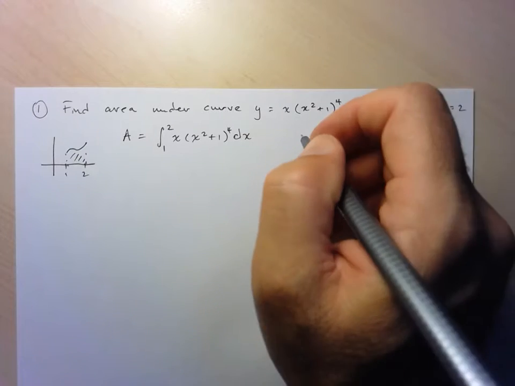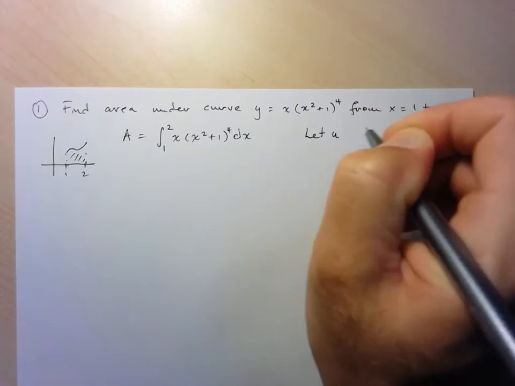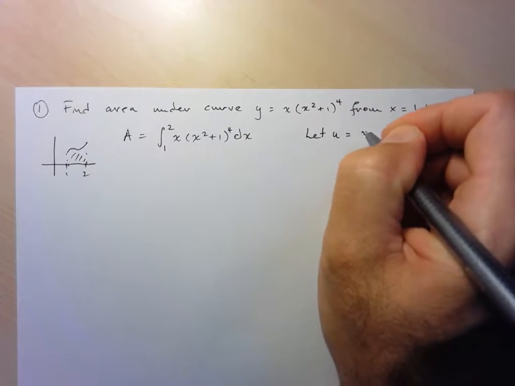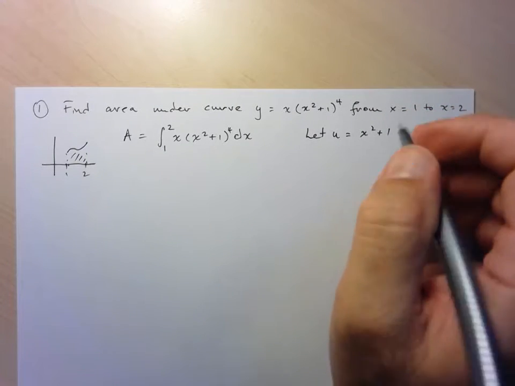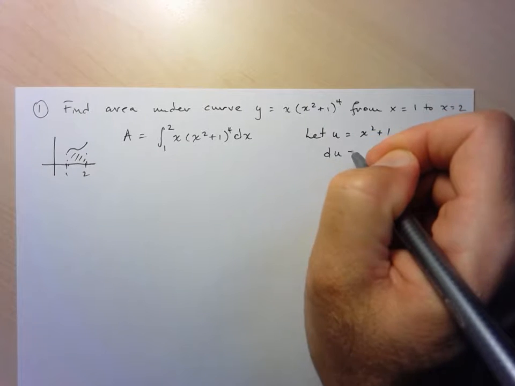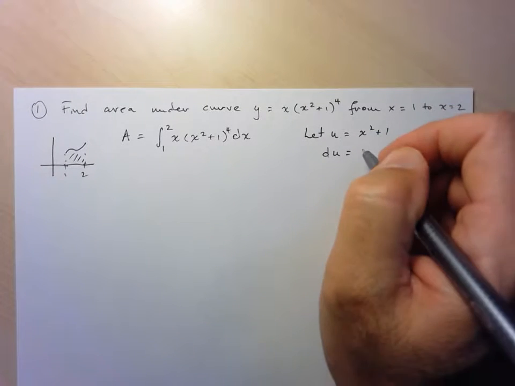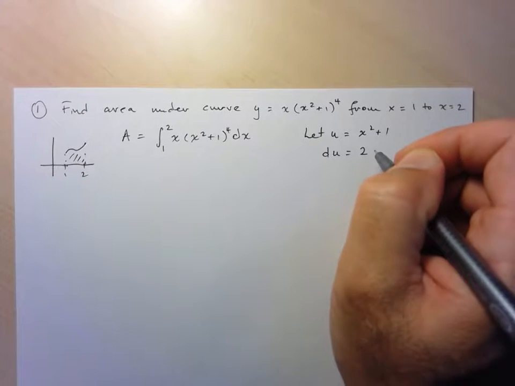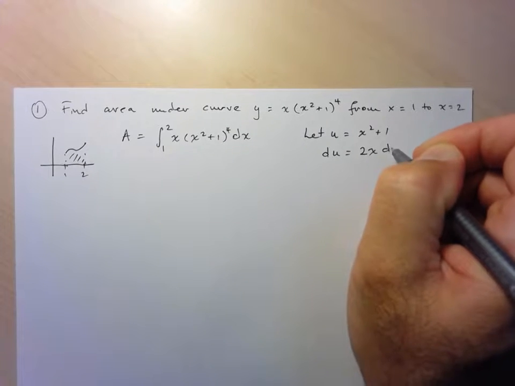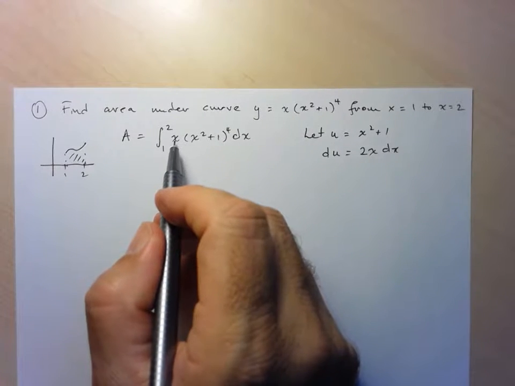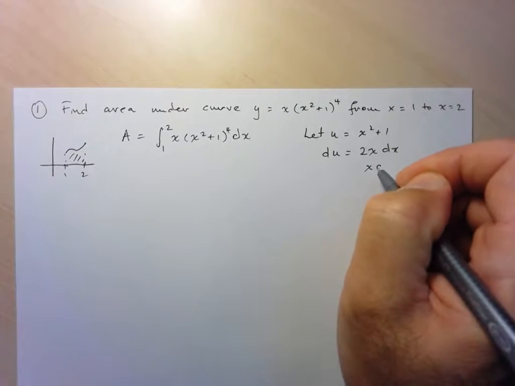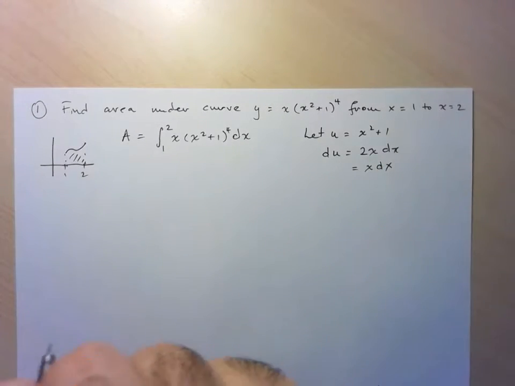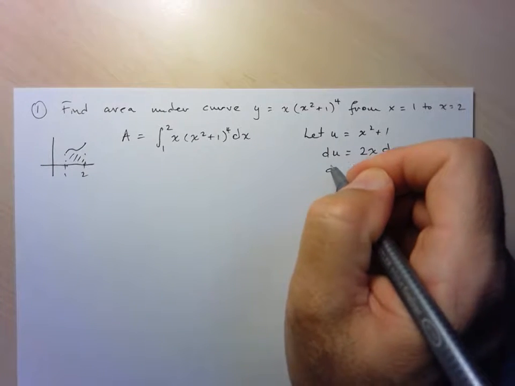Okay, so let's set that up. We'll let u, our intermediary variable, be x squared plus 1, and now we take the derivative of both sides, so we can rewrite this as du equals, well, derivative of x squared plus 1 is just 2x dx, and so now I notice that in my integral I have an x dx, so I'll just get that on its own, so that's just going to be equal to du over 2.